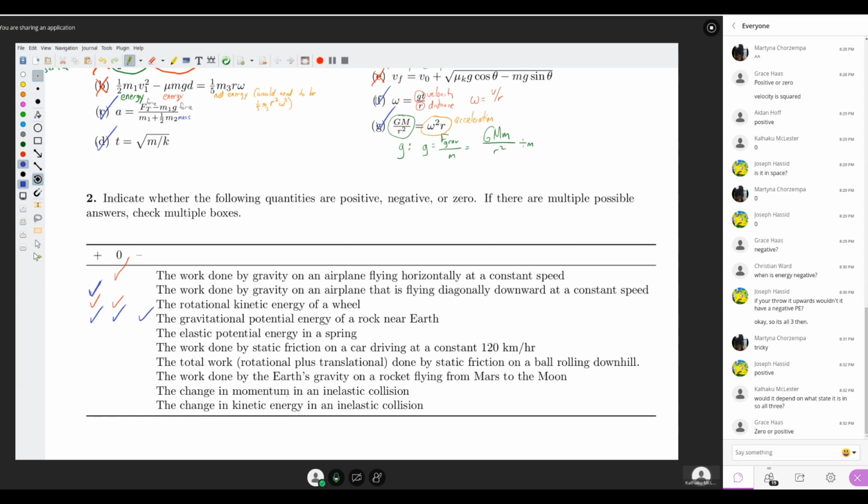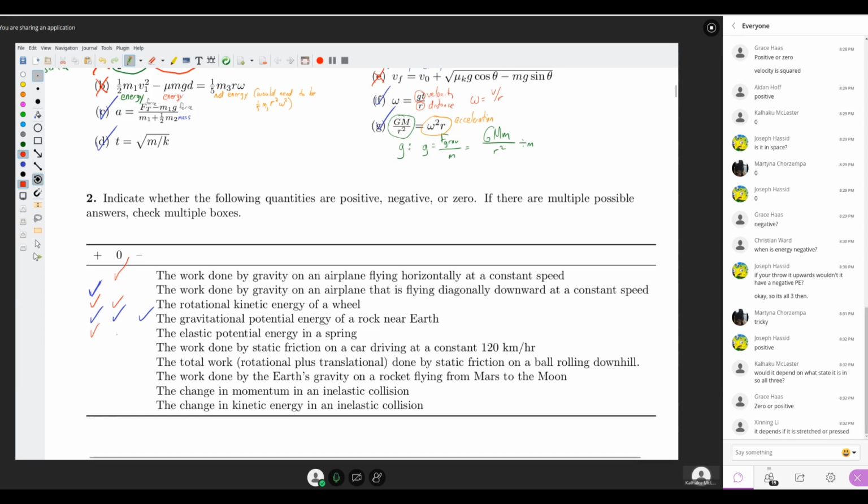Would it depend on what state it is? Okay, so this one is, people have said positive. It depends if it is stretched or pressed. Okay. Lisa, could you tell me what you mean by that?